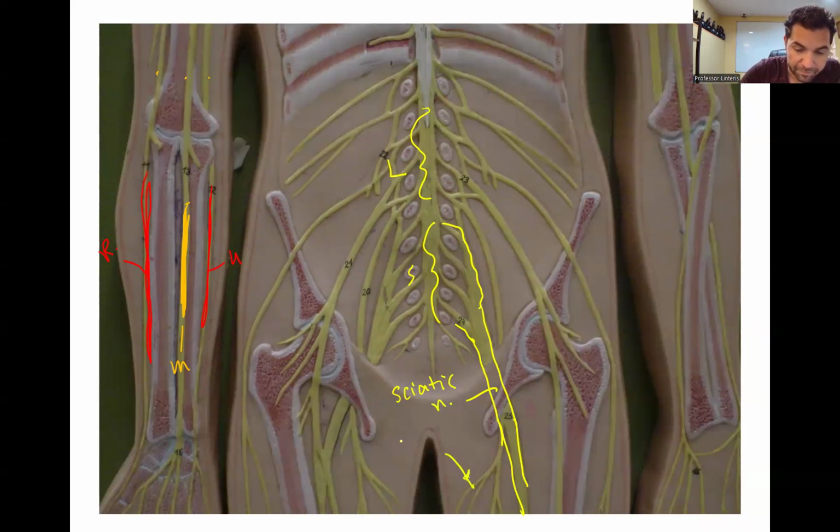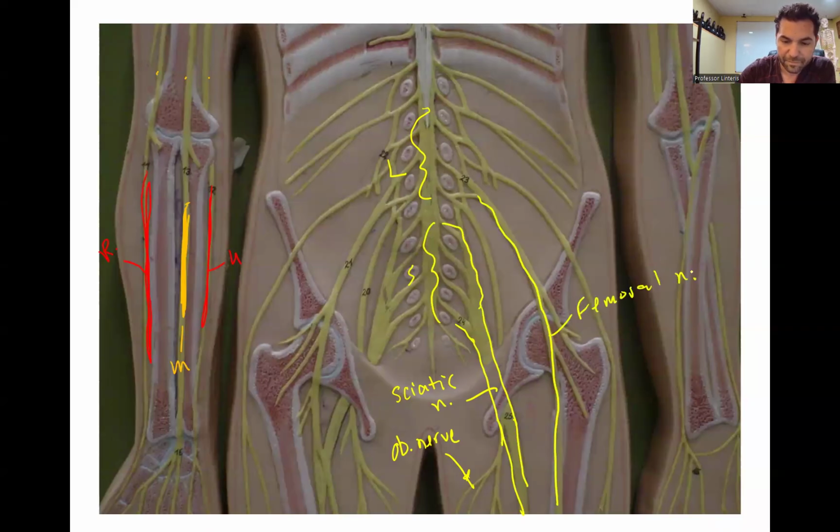This one is something called the obturator nerve, which I'll show you in 2 seconds because I'll pull up the slide. And this one is our femoral nerve.